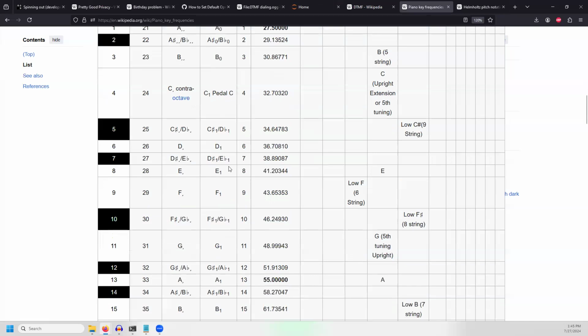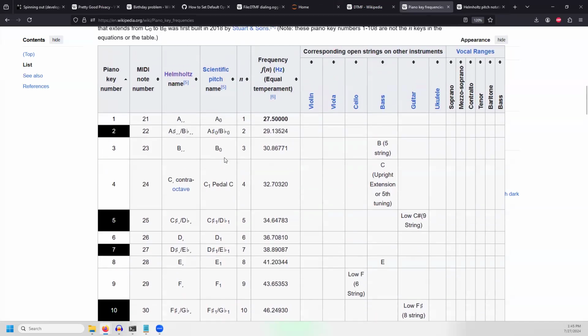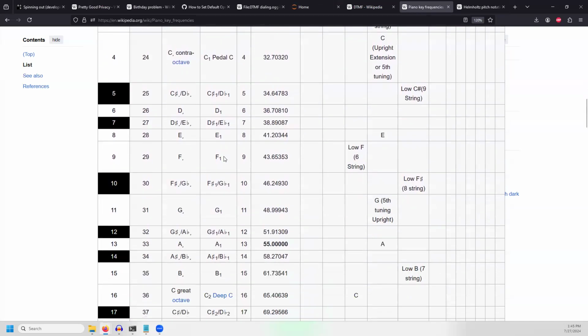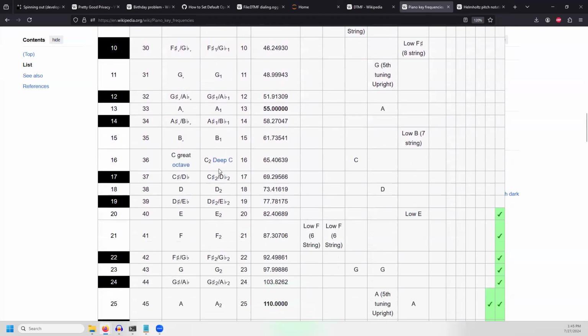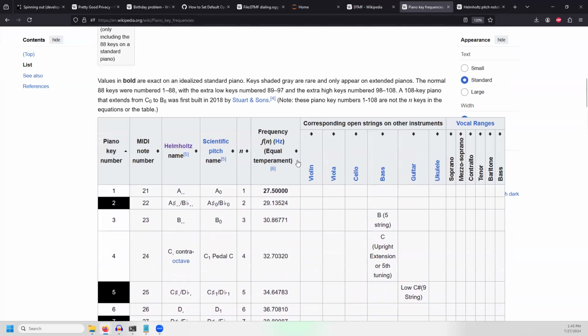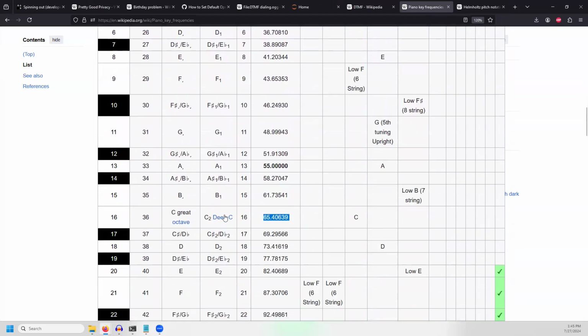Okay, so C2 is here. There's A sharp and flat, but we don't have to worry about that with C2. Okay, so deep C, 65.4 hertz. Okay, so 65.